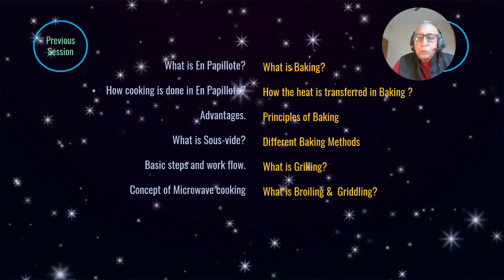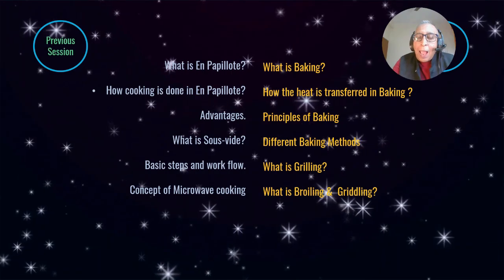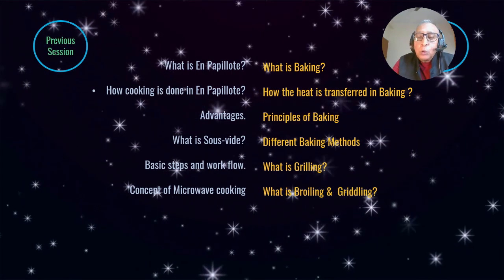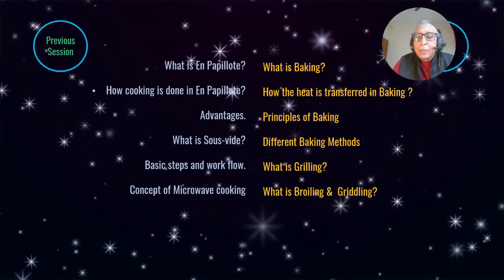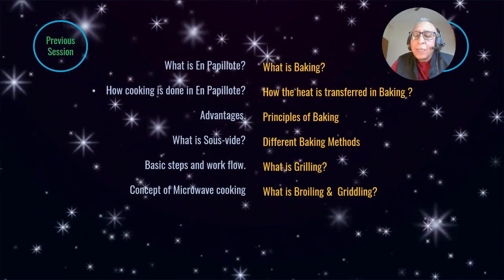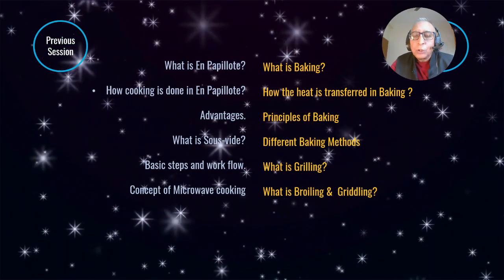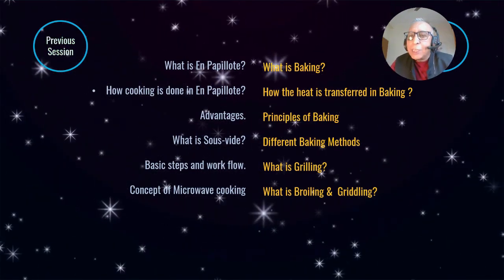We will also discuss grilling, and clarify two more terms, broiling and griddling, which are very close to the grilling process. So that will be our point of discussion in this session.